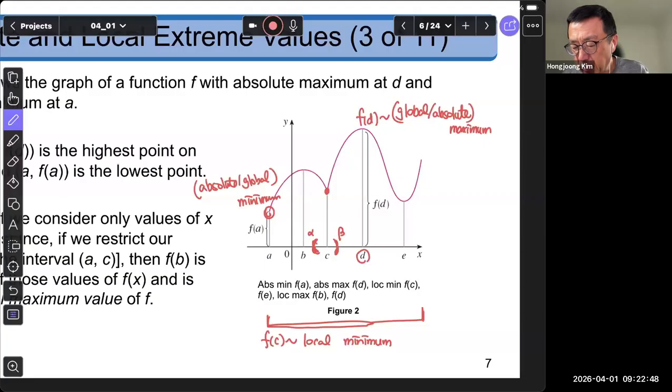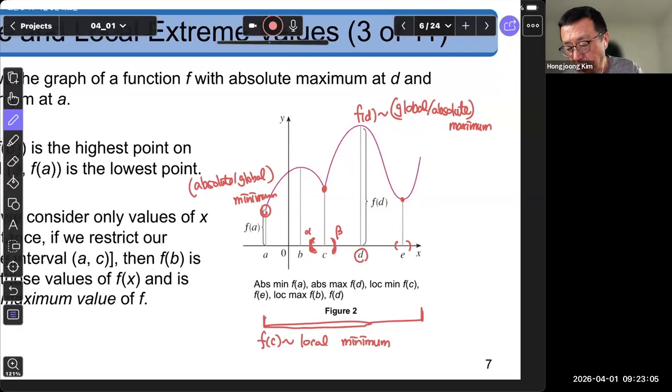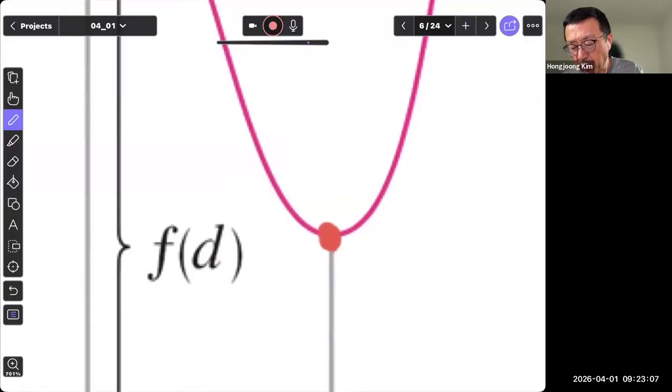The value at e is also a local minimum because I can find some small interval around e on which the value at e will be the smallest value. I can zoom in, and on that interval the value of the function at e will be the smallest value.